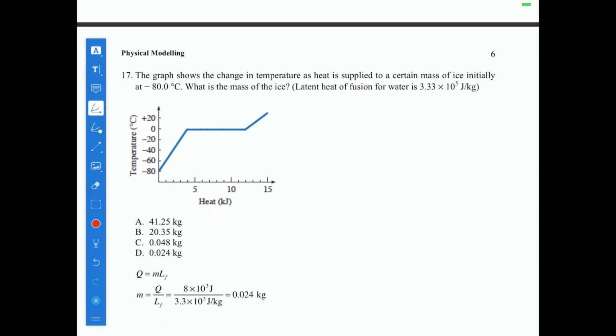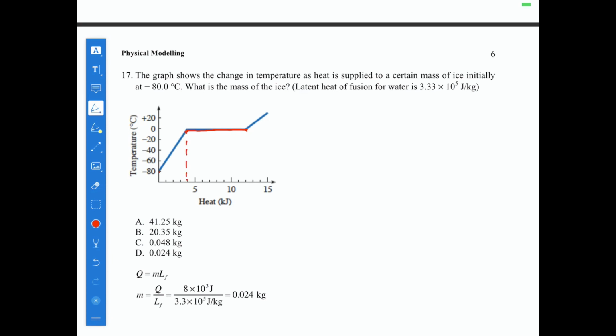Number 17. The graph shows the change in temperature as heat is supplied to a certain mass of ice initially at minus 18 degrees. What is the mass? We can look at from here to here how much heat. During this time, the water, H2O, changes from solid to liquid.